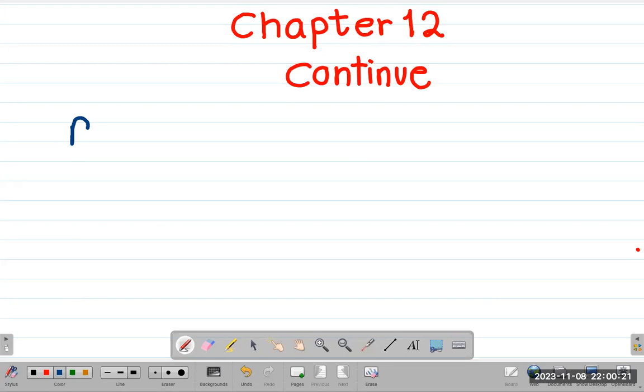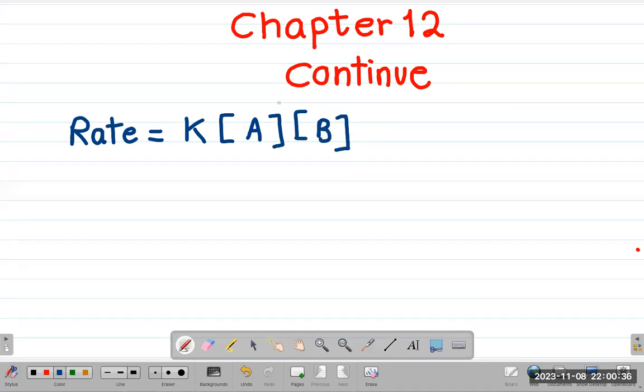For example, if you have a reaction where the rate of the reaction is equal to k multiplied by the concentration of the first reactant, let's say A, multiplied by the concentration of the second reactant, B, to the power of n and to the power of m, where n and m are the orders of the reaction, and these can be found only experimentally.